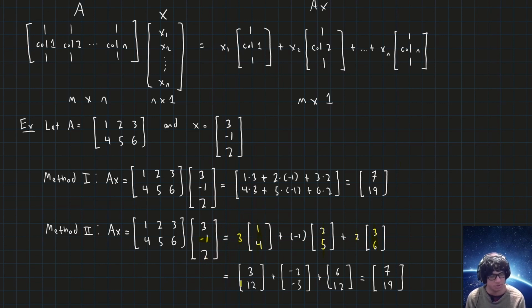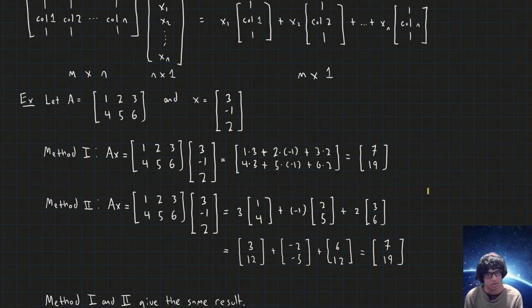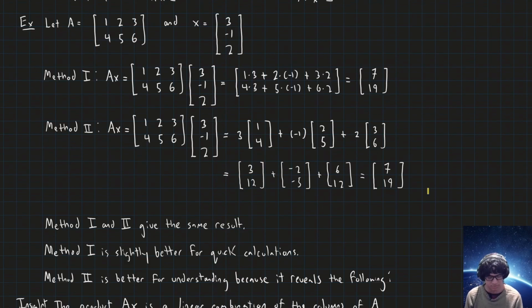Expand the constants into each column and then sum it all up, and we get the result here, 719. So we have two methods here, and as we expect, both methods give the same result.